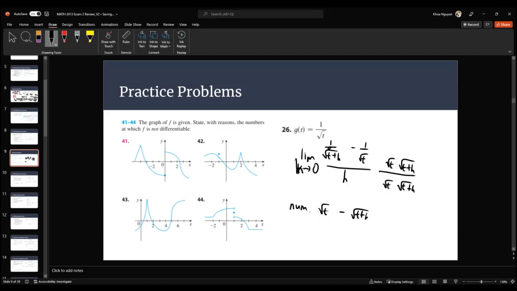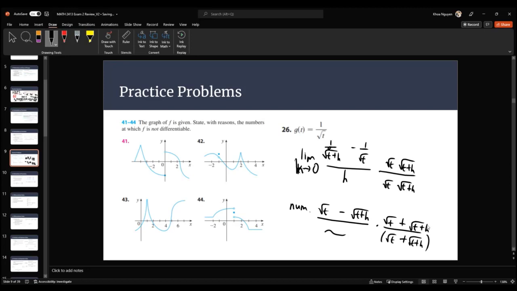And then you're just like, oh, I can't exactly subtract these, but what you can do is multiply by the conjugate. What that does is it gets rid of the square root symbols, but it does make the denominator a little bit more complicated. We have square root of t plus the square root of t plus h, and then square root of t plus the square root of t plus h.